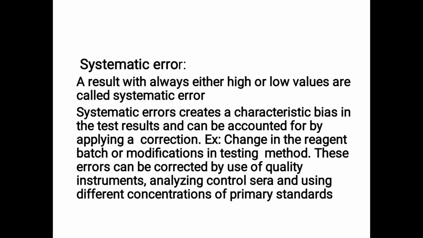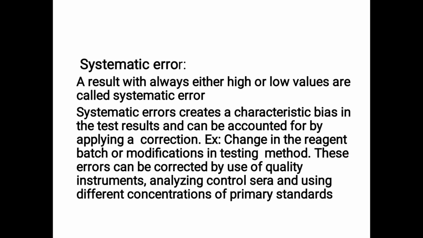So systematic error is where all values are either high or low. It is not jumping between high and low values. Systematic errors create a characteristic bias on the test result and can be accounted for by applying a correction. Suppose the calibrator albumin value is 4; if you put the same sample after 5-10 days you should get the same result.